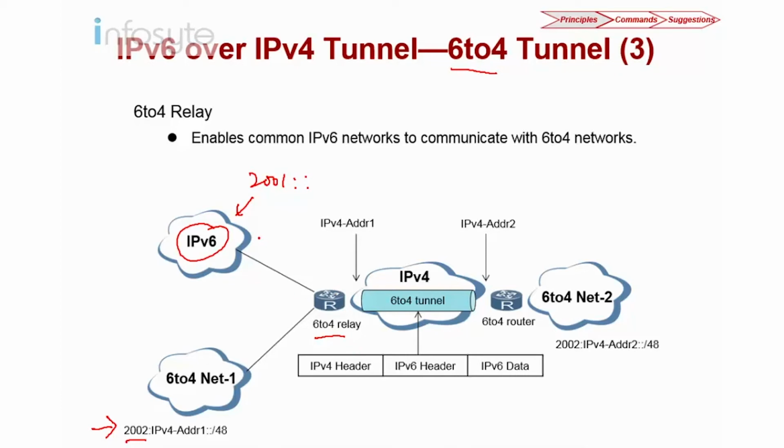So IPv6 here is going to connect through the relay before it actually goes into the tunnel, because this is still an IPv4 tunnel before it goes into the 6to4. And if the 6to4 wants to go back, again it is actually terminated in the 6to4 relay before being mapped back into IPv6. So just remember that for this instance, where you have a network that doesn't support the 6to4 addressing, then you have to configure the relay method.